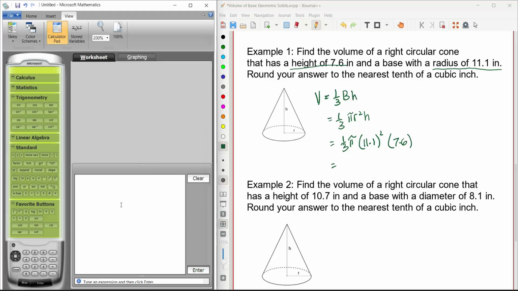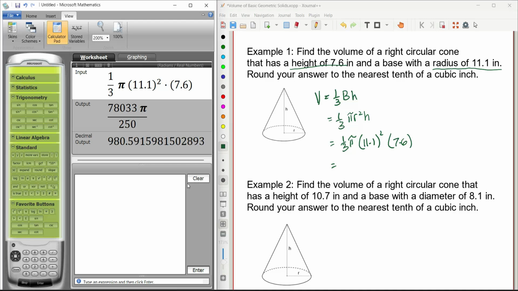And then with the help of this calculator, let's compute the volume. So that's 1/3 times pi times 11.1 squared times 7.6. And let's see the answer. So that's 980.6 approximately.